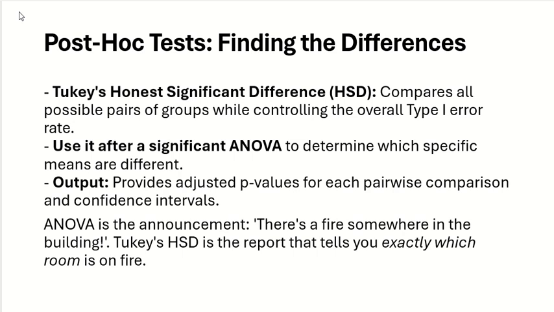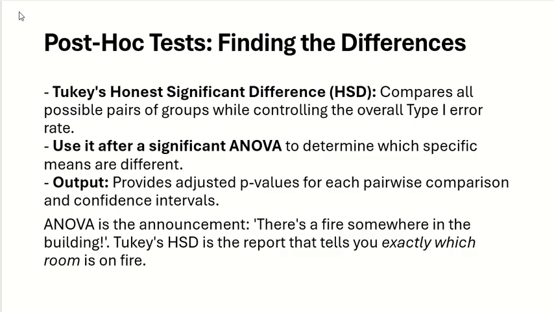So which group or groups caused the ANOVA to reject the null hypothesis? And why is Tukey's test different from the t-test? In the t-test, you carry the error rate for each comparison separately. In Tukey's test, the error rate is constant across all the comparisons. The error rate is 5% for each comparison, right?